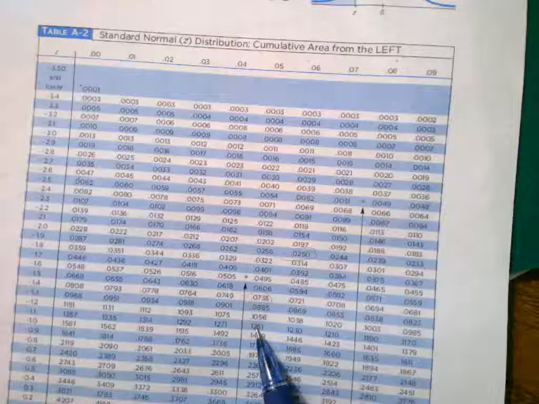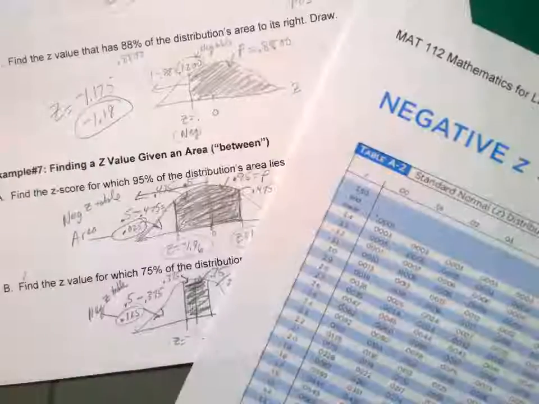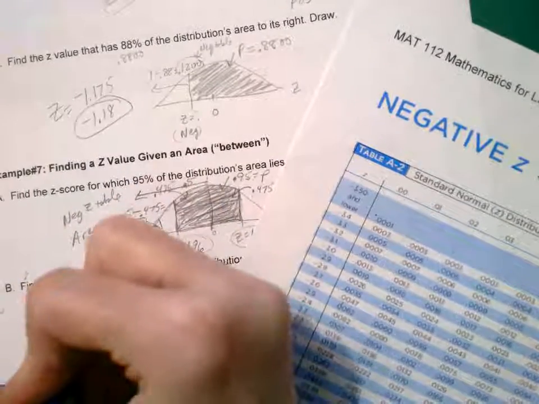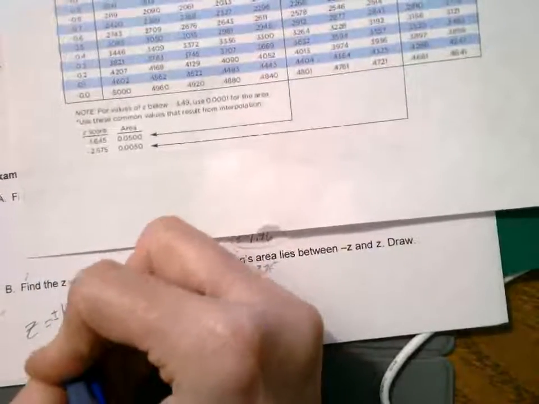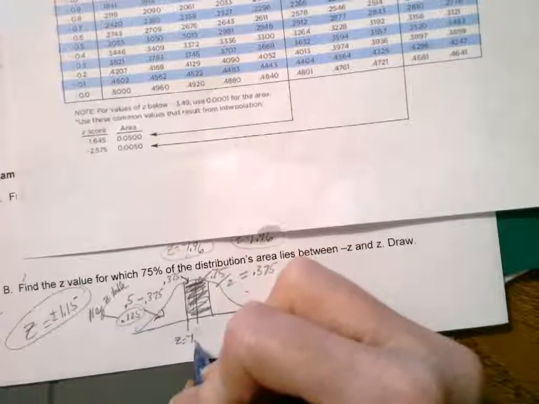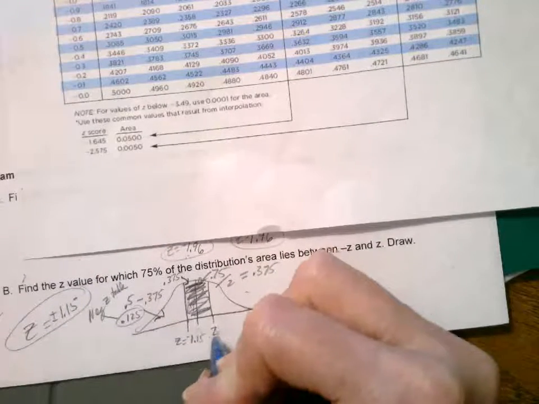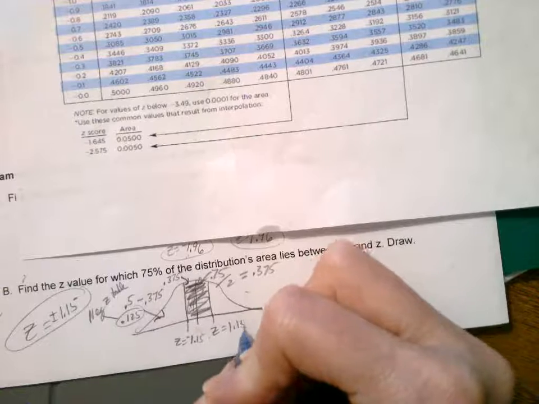So that is negative 1.15. So this is a negative 1.15, and this is a positive 1.15.